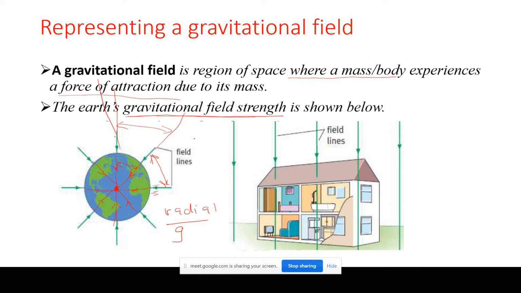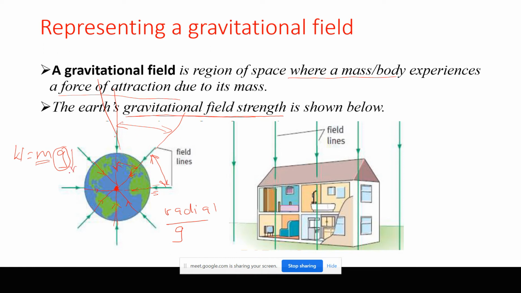When you move away from the Earth's surface, scientists believe that when you go far away, you tend to be weightless. If we believe that weight, W, is given by m times g, if the mass of the object does not change, as you move away from the Earth's surface, the field strength decreases because the field lines move further apart.